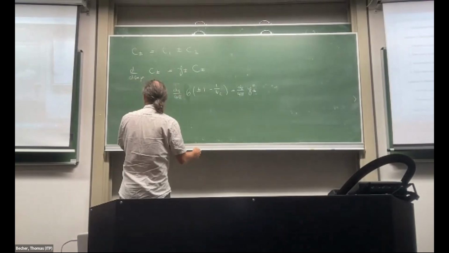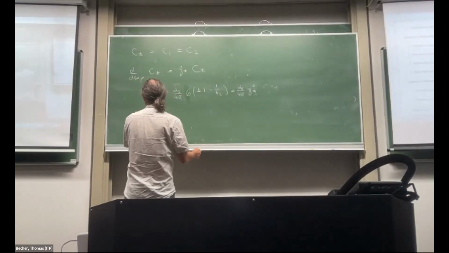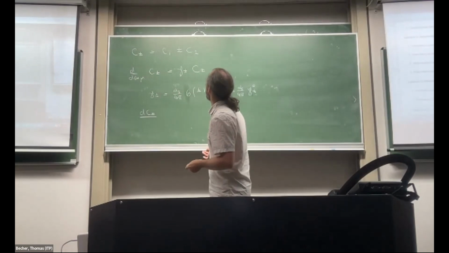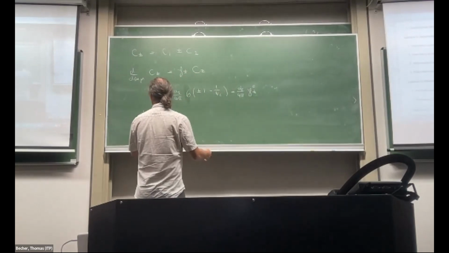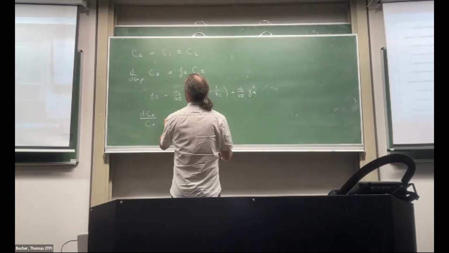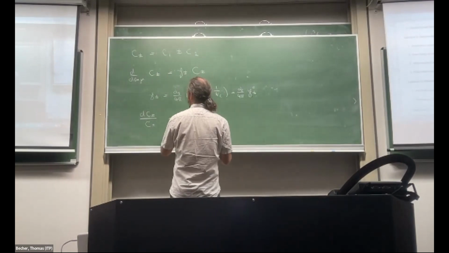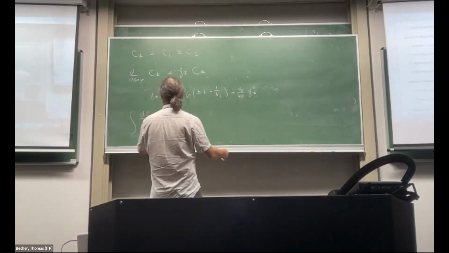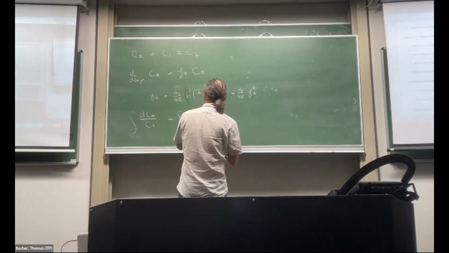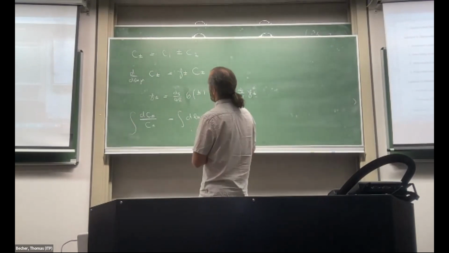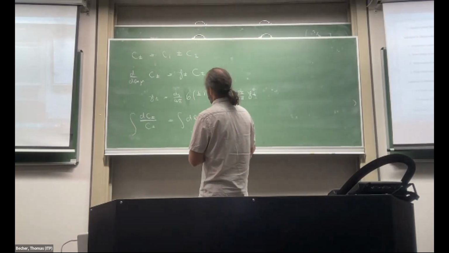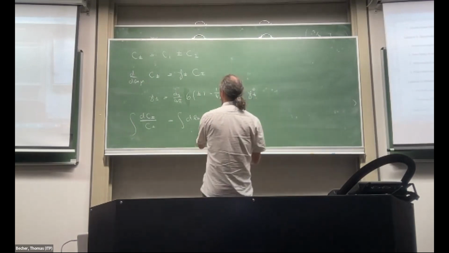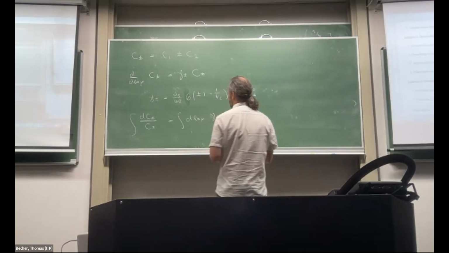By separation of variables, dC plus minus over C plus minus is d log mu times gamma plus minus.